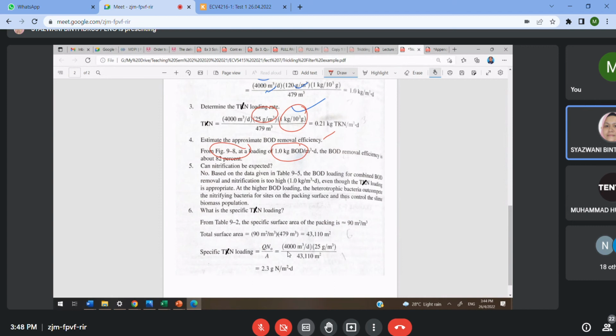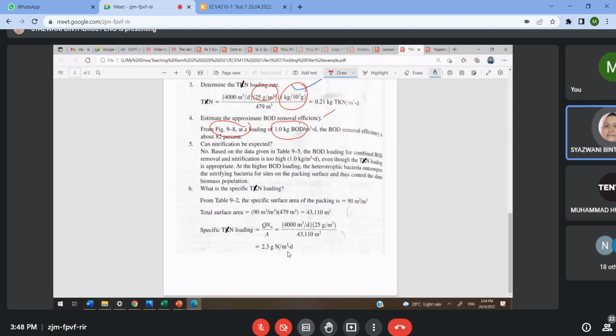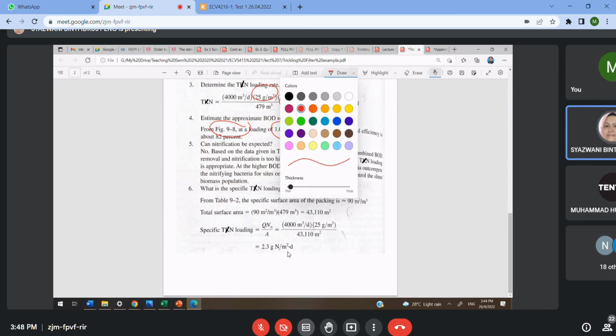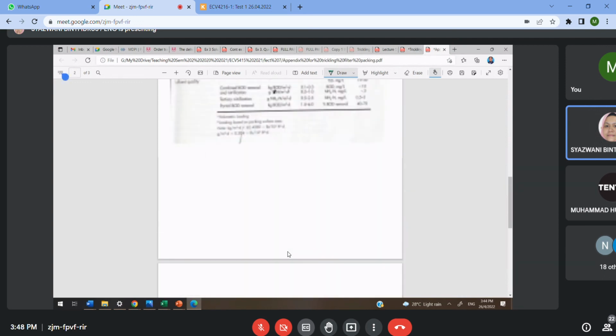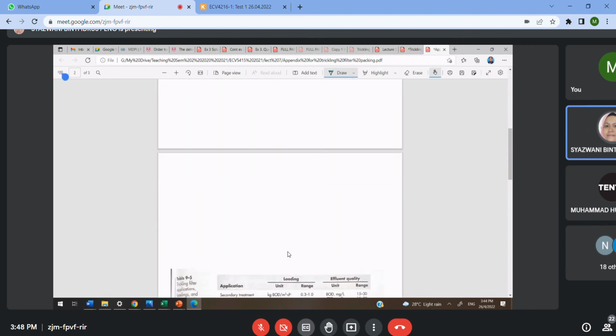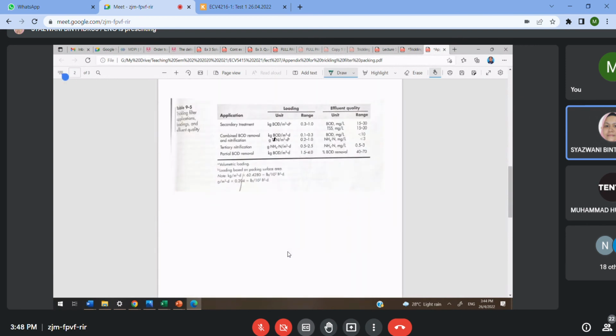So let's see whether, from this condition, nitrification can be expected or not. The answer is no. But how do we know? It has to be determined from the values. You have to refer to table 9.5. Let's see table 9.5 together.